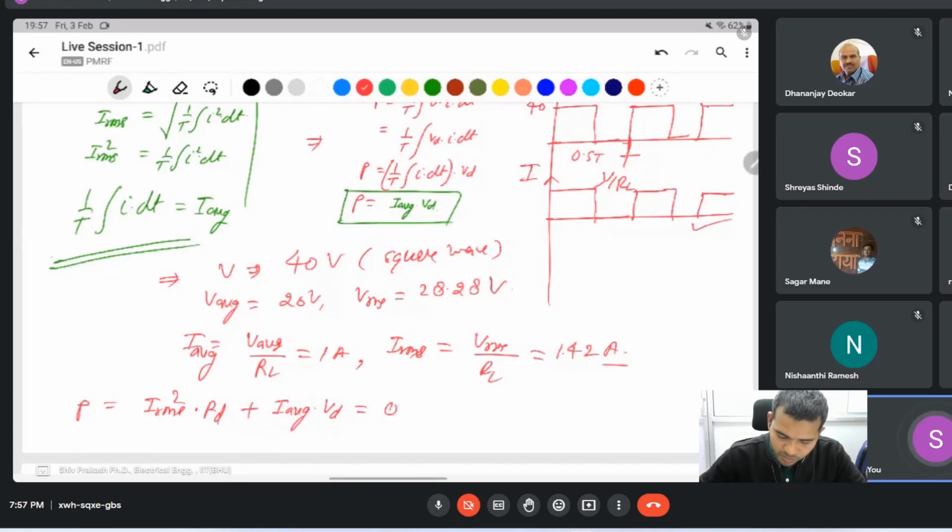I think it comes to 0.7 watt something. You calculate this one.